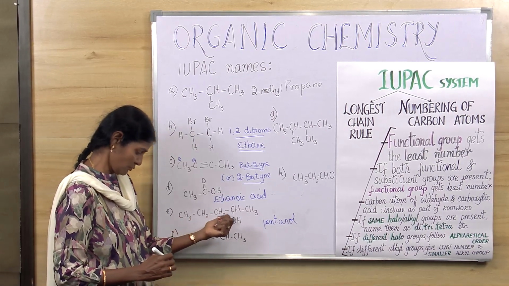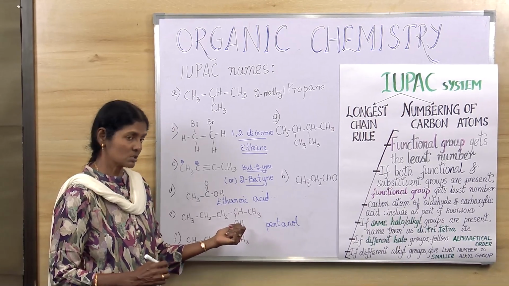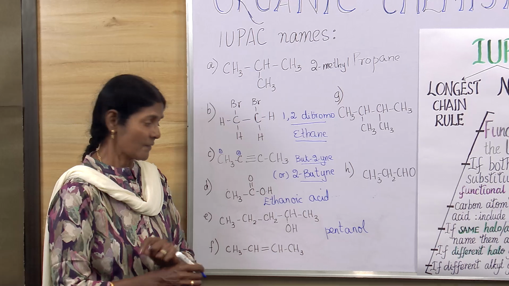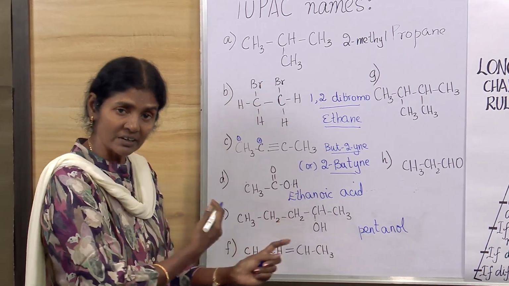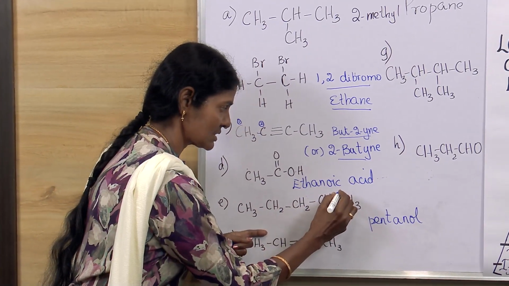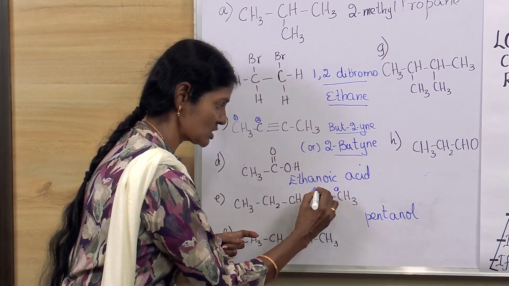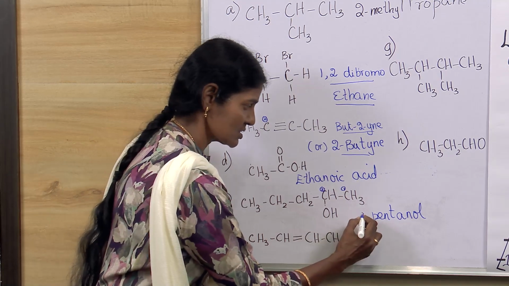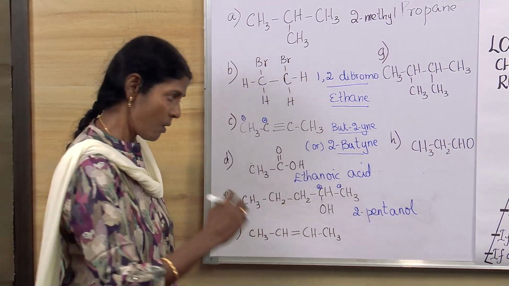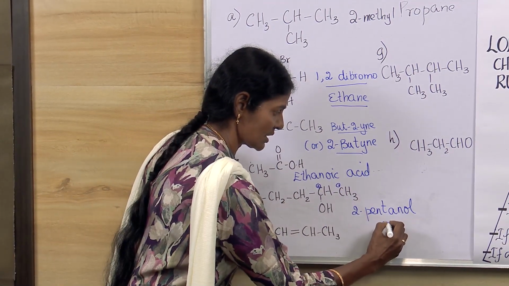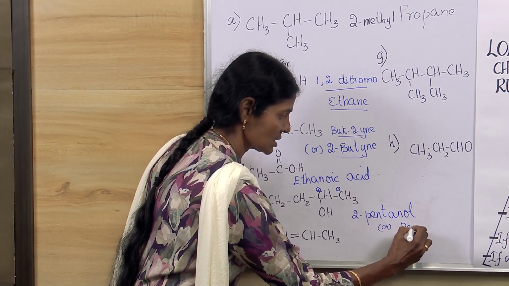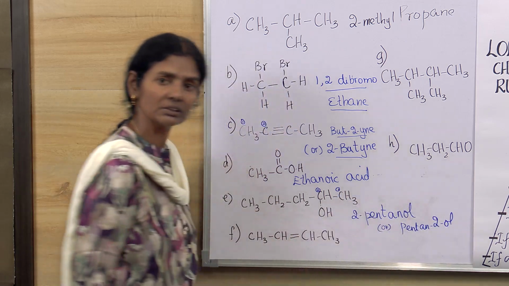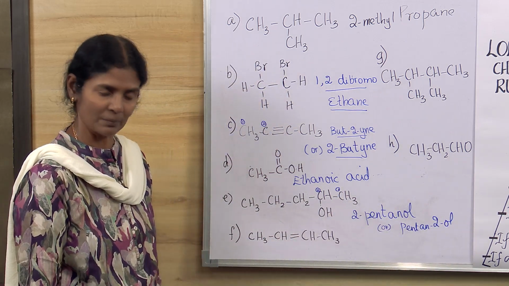That's too much. We need to give the least number to the functional group. Therefore, we count from right to left where this gets the 2nd position. It is attached to the 2nd carbon atom. Therefore, it is 2-pentanol, or we can also write it as pentan-2-ol. Done.